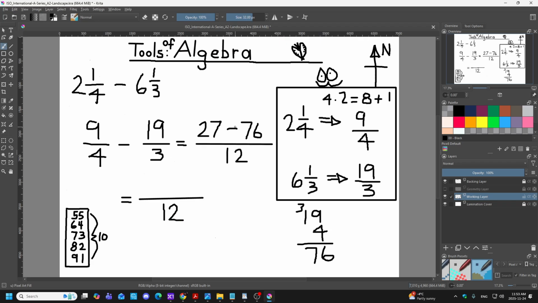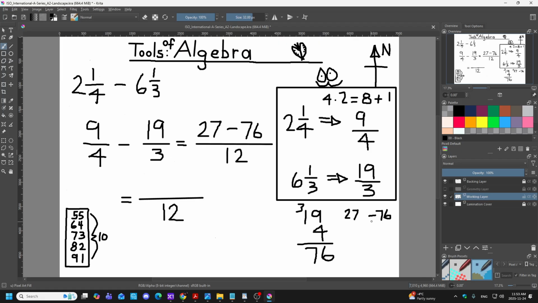All right, so looking at these numerator values, we have 27 and negative 76, sorry, silly me. We know that the 27 is positive.